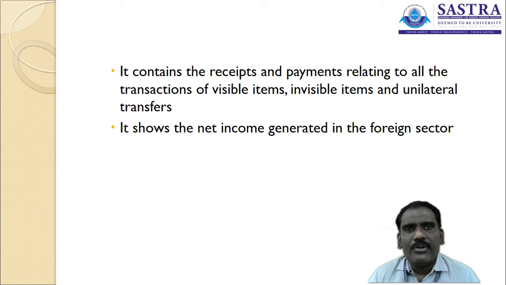The current account together includes the balance of trade, which means the exporting and importing of goods, along with invisible items and capital remittances, which we can call unilateral transfers. A unilateral transfer is a transfer that happens from one country to another alone.